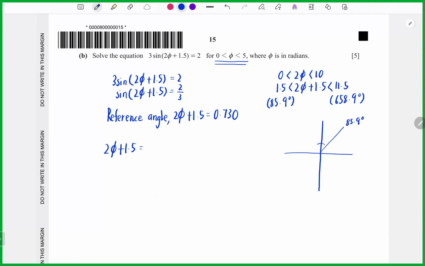So you need to find this many times. Okay, until here. Okay, so try.